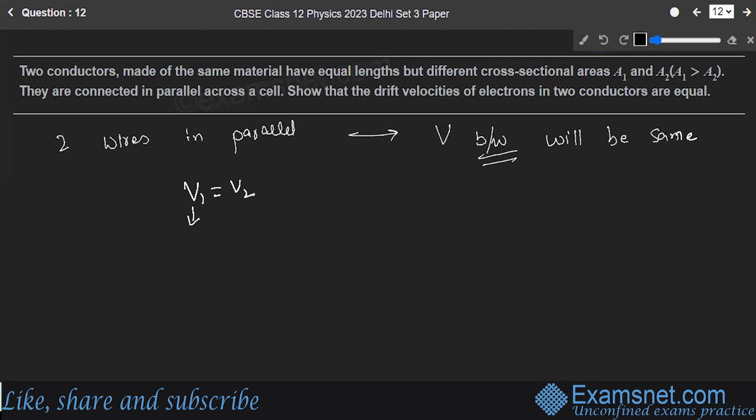This is the potential difference for wire A, and this one is for wire B. Since the two conductors are made of the same material and have the same length, their resistivity will also be the same. That means rho 1 is equal to rho 2, let's say rho only.